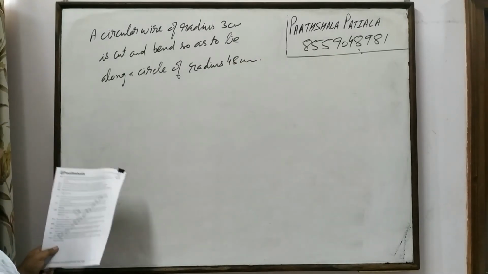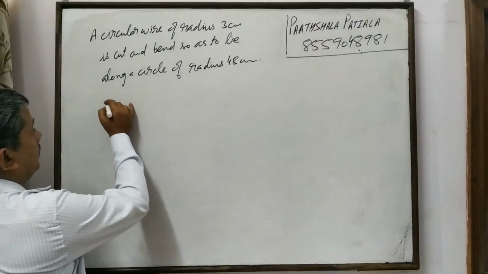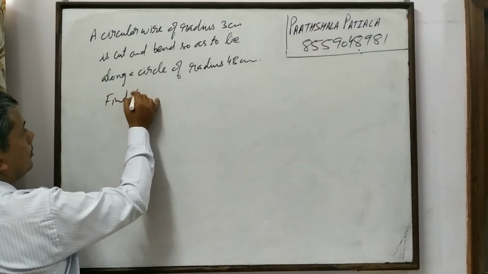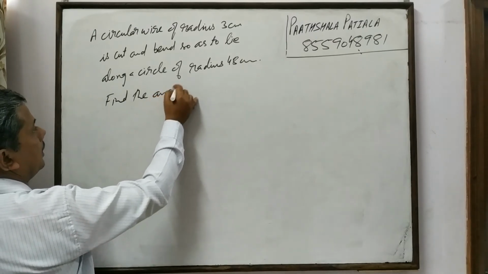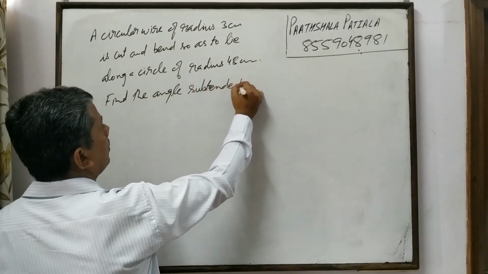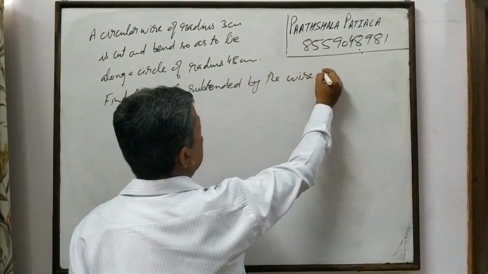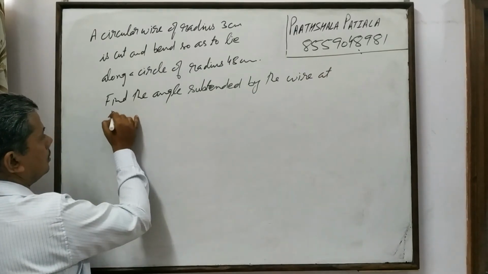Find the angle subtended by the wire at the center of the circle.